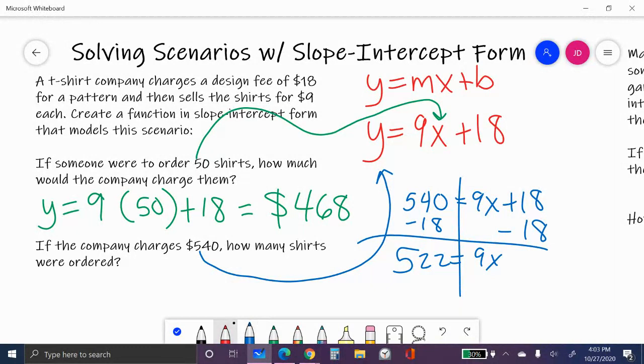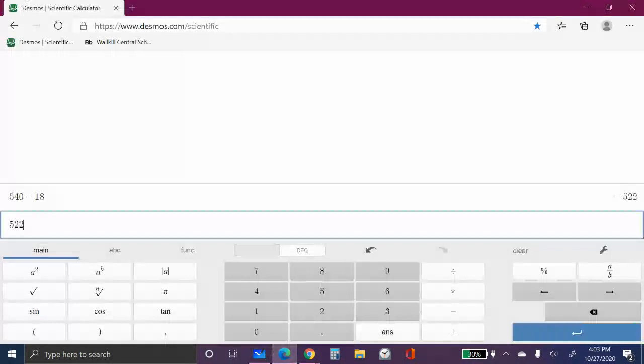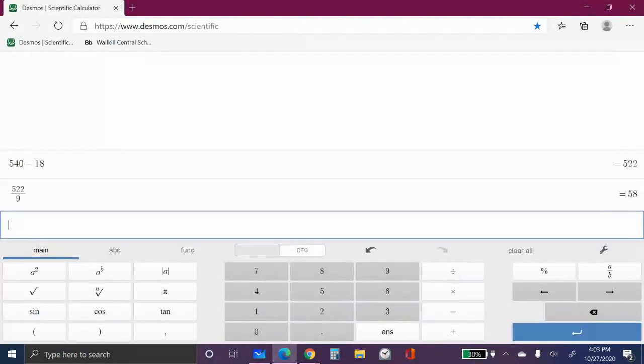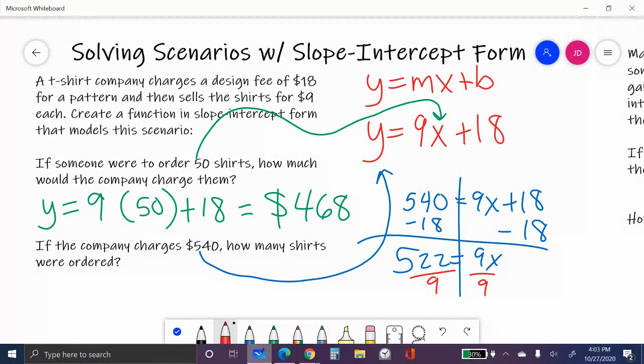Divide both sides by 9. Is 58. So that means how many shirts were ordered? 58 shirts.